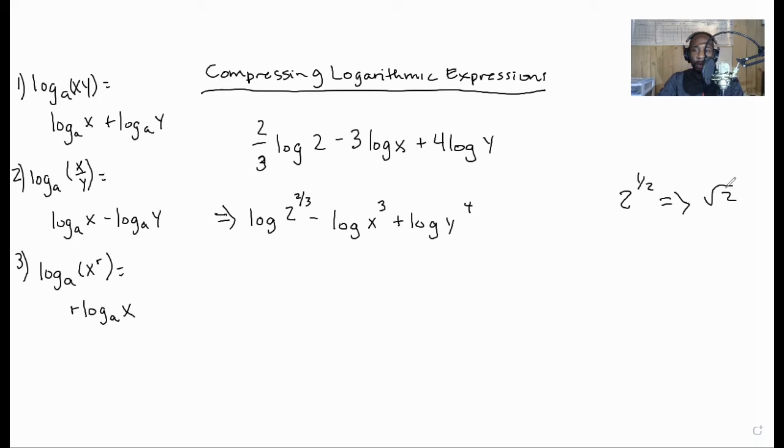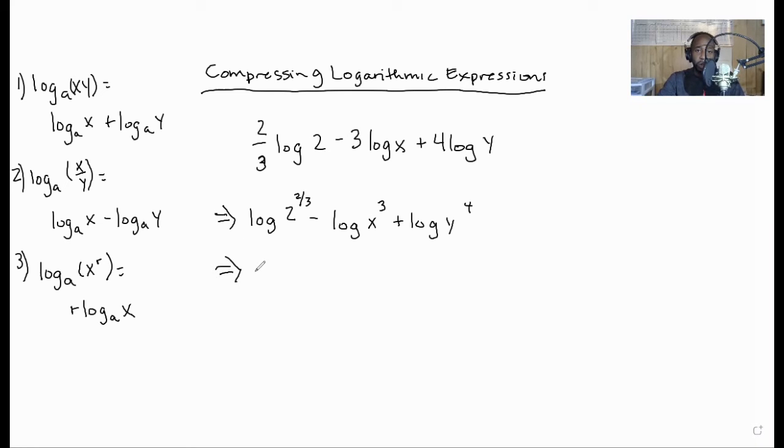A square root is just 2 to the 1/2 power. 2 to the 1/3 power would be the cube root of 2. And so on and so forth. So just keep that in mind. Just to make it look a little more coherent, we're going to write it in root form.